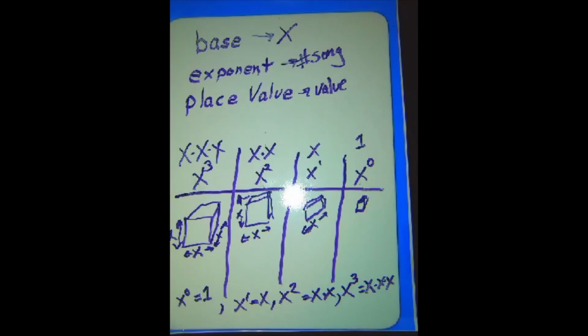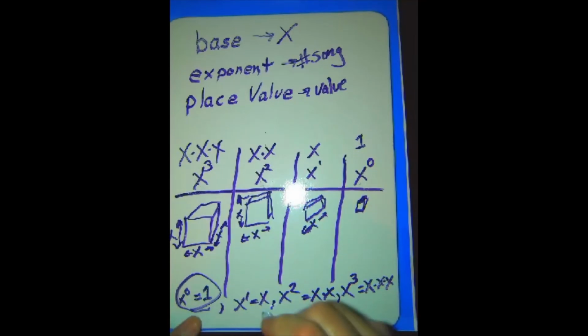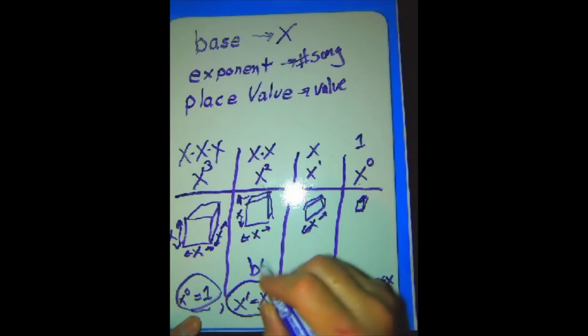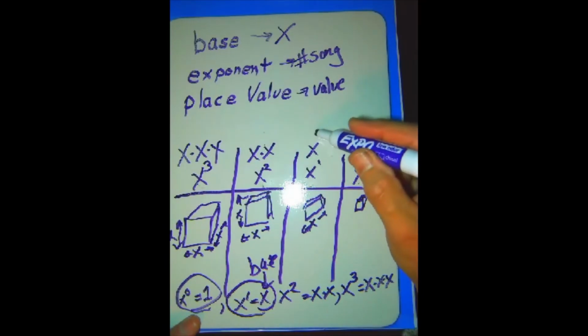And when we do that, there's a kind of a common theme here. That is that the first place value is always going to be 1. The second place value is always going to be equal to the value of the base. So that's why in base 10 we see our 10s here and our 1s here.